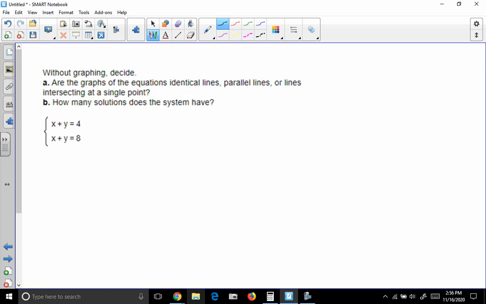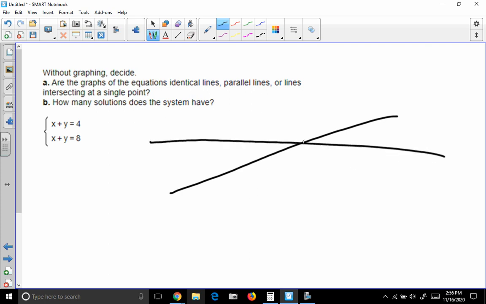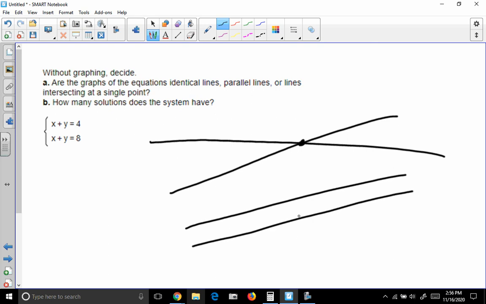Now this one asks us what type of lines we have. Do we have lines that are exactly the same, lines that are parallel, or ones that intersect at a single point? So those are our options. If they're not parallel, eventually they're going to touch one time. If they are parallel but different lines, they're never going to touch.